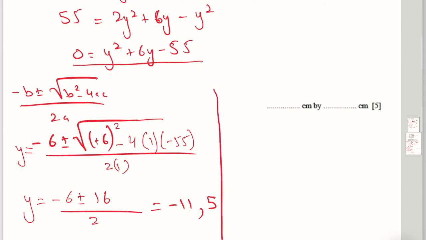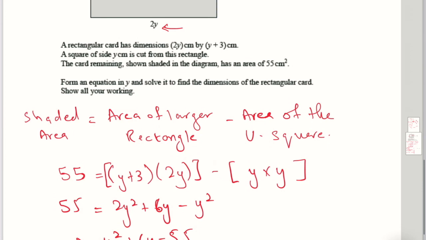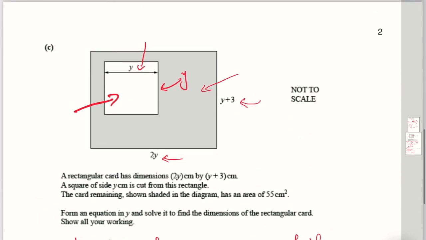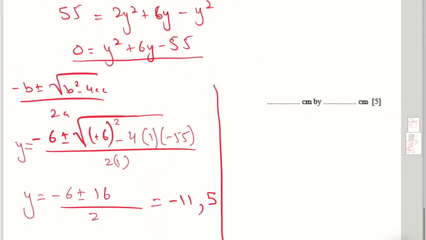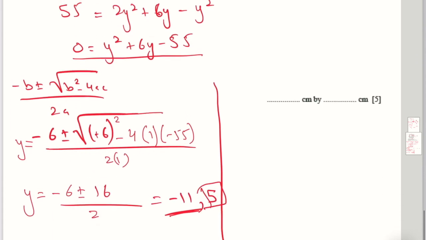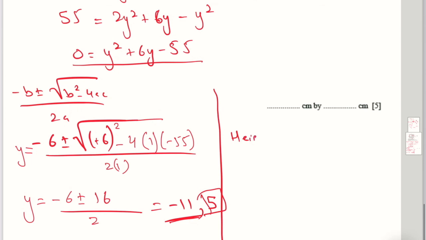Let's save some space over here and let's solve the rest of the question. Since we have the values of y, they've asked us to find the dimensions of the rectangular card. But the problem is that we can't use the negative value of y, so instead we use the positive value. Let's talk about the height, which is y plus 3. So the height, which is y plus 3, would become 5 plus 3.